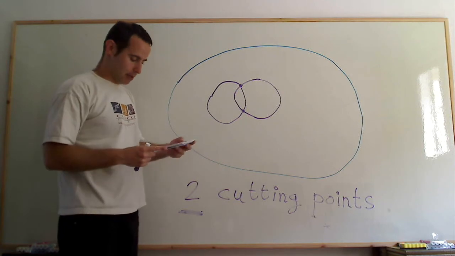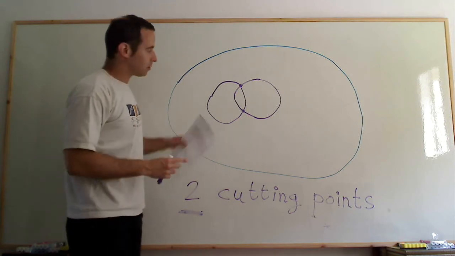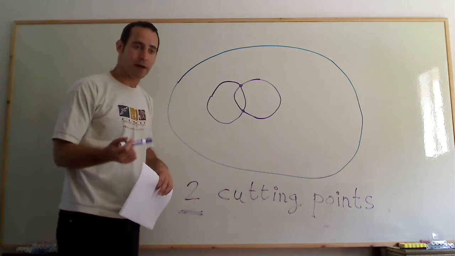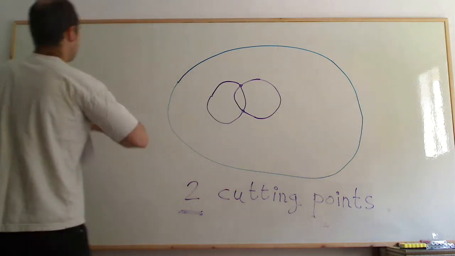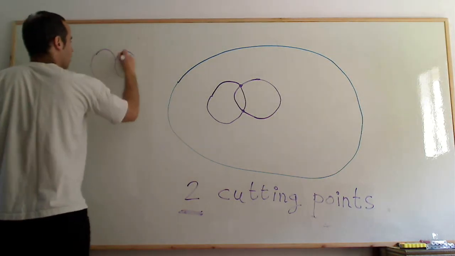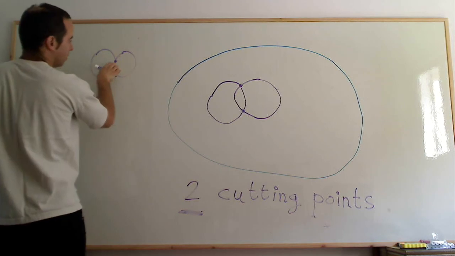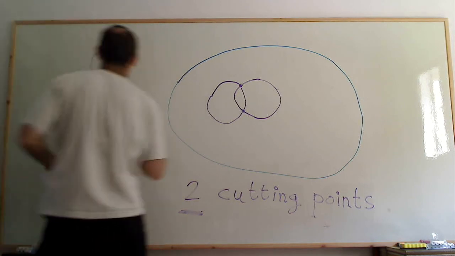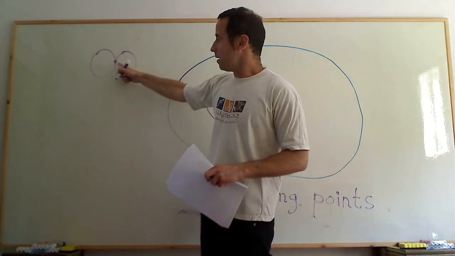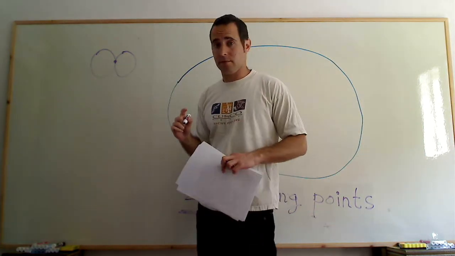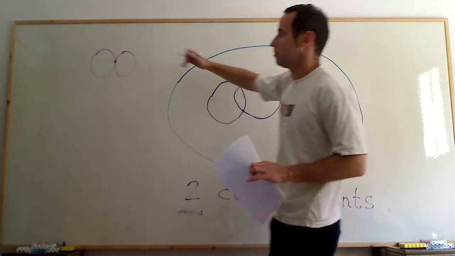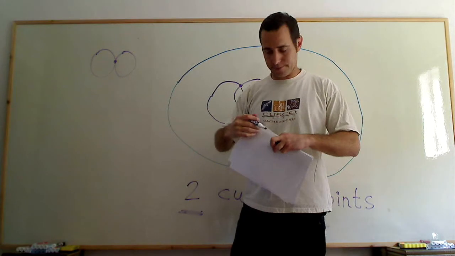Okay. We don't allow, just to clarify, a situation like this, where they are just touching. This is not called cutting. So we are talking about real cutting, like going in, not just touching in one point.